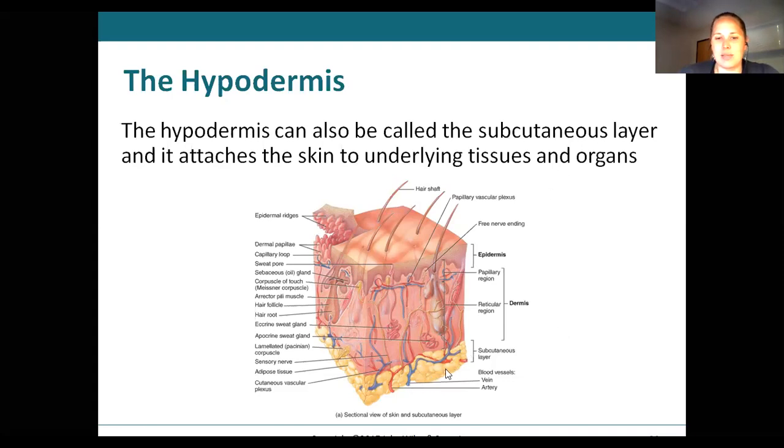Here you can see that the subcutaneous layer is composed of fat and also is highly vascularized with veins and arteries, but it does connect the integumentary system to the underlying connective tissue that is going to bind the body together.